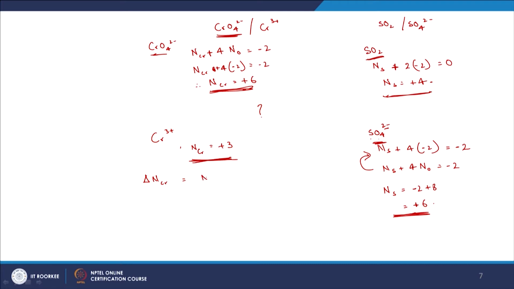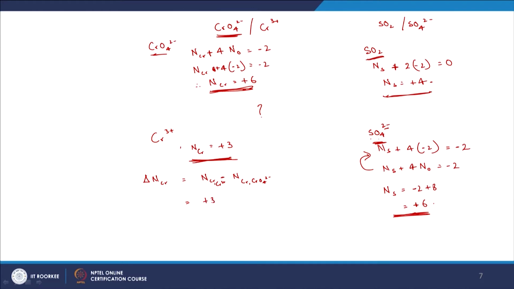So let's say I'm going to write the oxidation state in Cr3+ minus the oxidation state in CrO4 2-, and this is nothing but the change in oxidation state, which is equivalent to the number of electrons being transferred. So here it's +3 minus +6, so that's equal to -3 here.